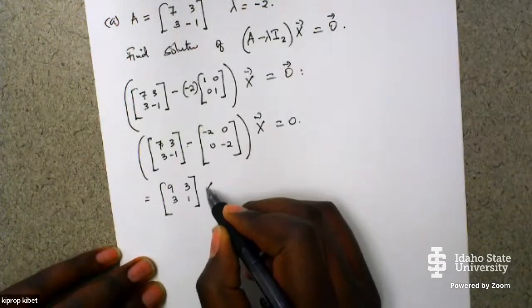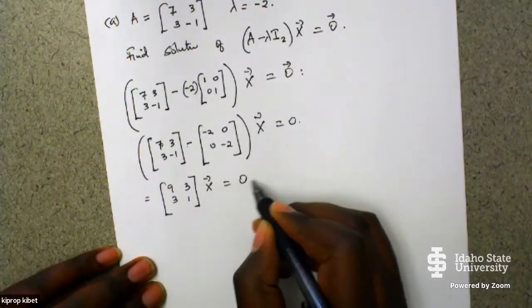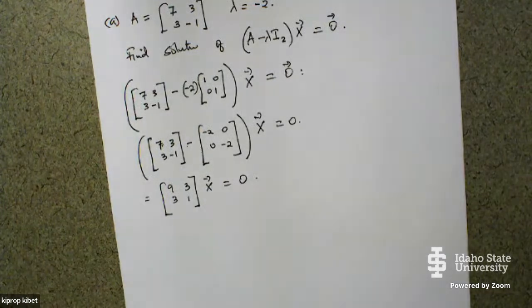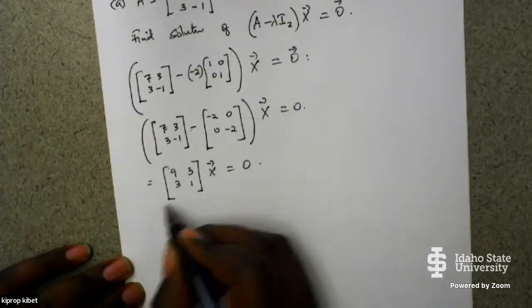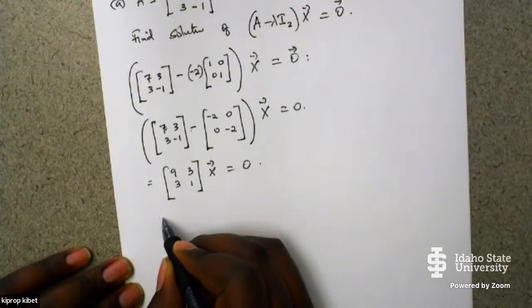And then our x equals 0. Now we want to find the values of x, so we want to find the eigenvectors. So we put that in augmented matrix form and reduce completely.